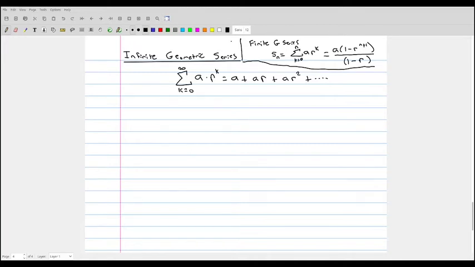What's nice about how we've defined infinite series convergence is that the infinite series has to be equal to the limit as n goes to infinity of this S_n, if it exists.